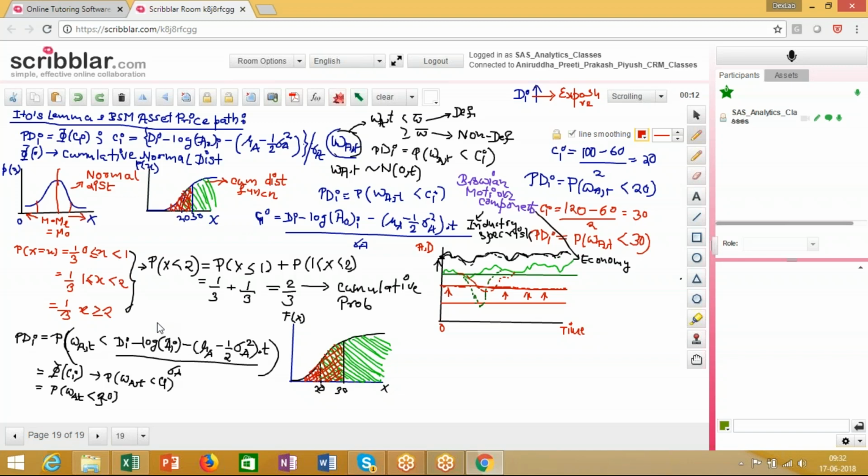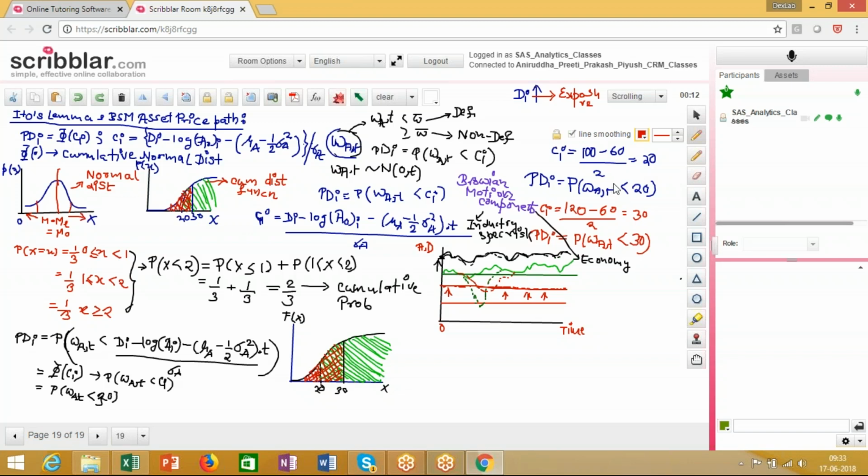Now assume that everything else remains unchanged, and only the debt increases. If I look at this example, let's say debt was 100 and this part together was 60, so divided by 2 that was 20. Now the debt obligation, or the amount of loan given, increases, everything else remaining unchanged.